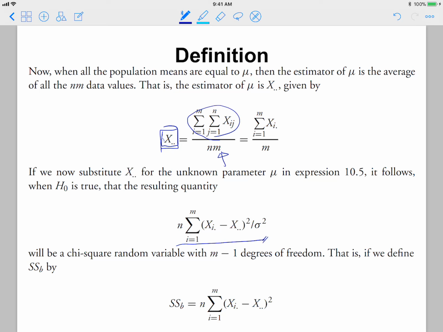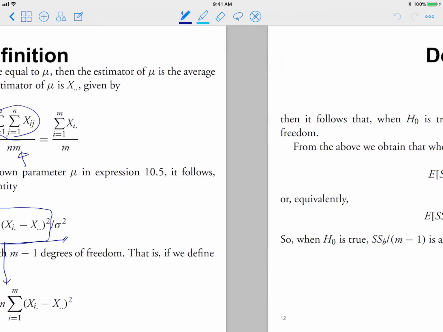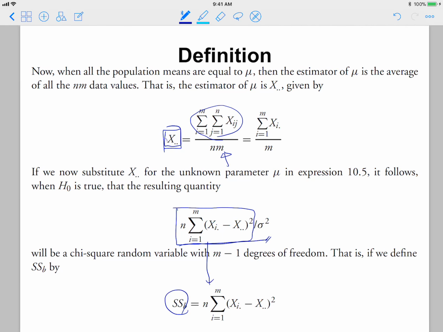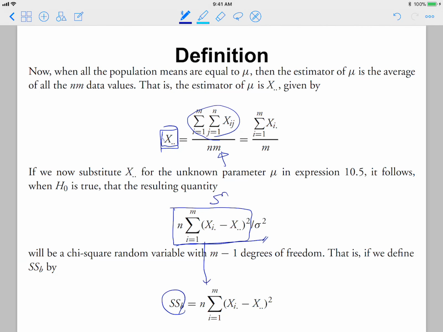Okay, we call this value SS of B, and then SSB divided by sigma squared will follow the chi-squared distribution with m-1 degrees of freedom. We use the same strategy that we used in the previous estimator.